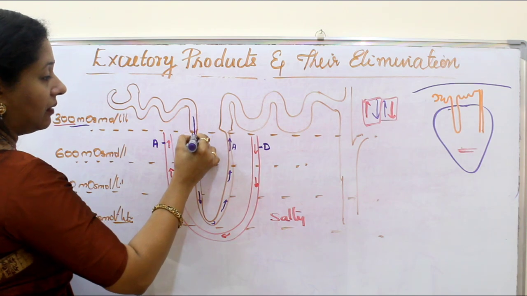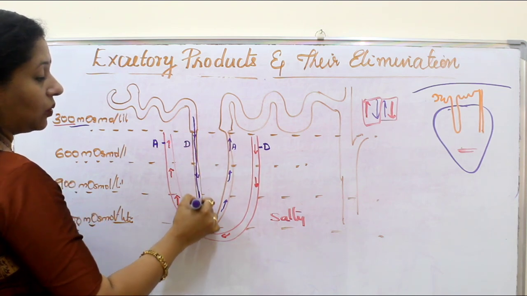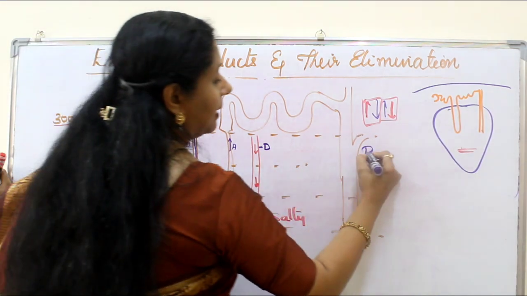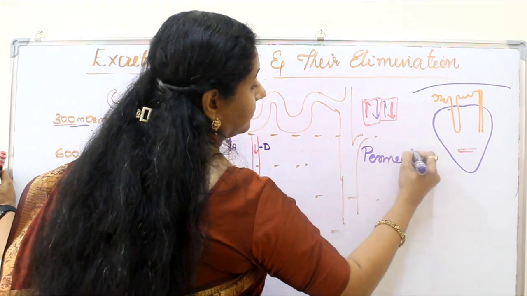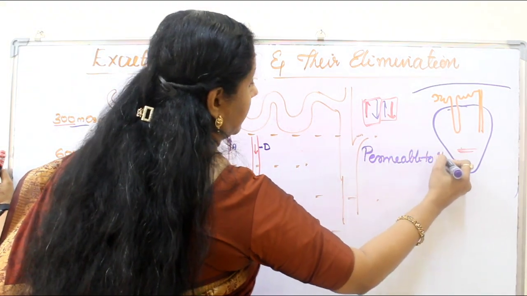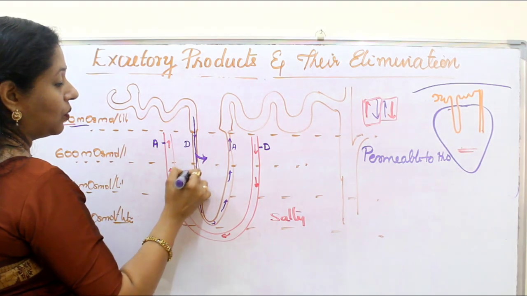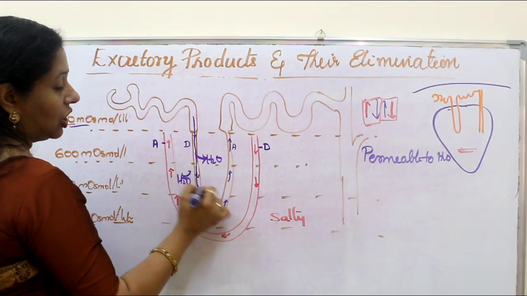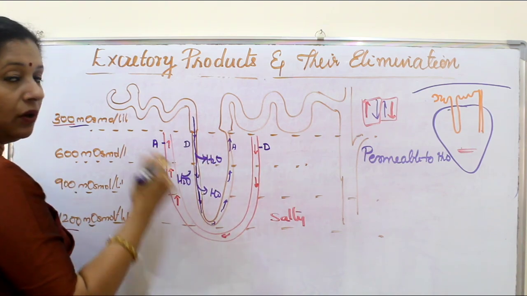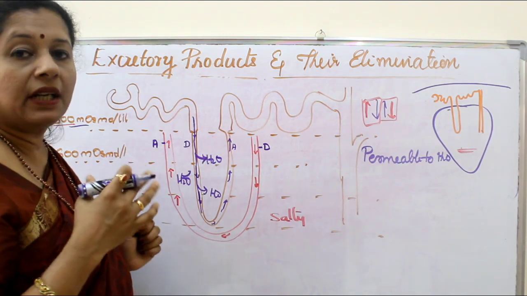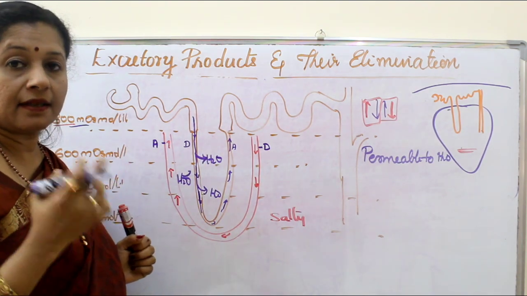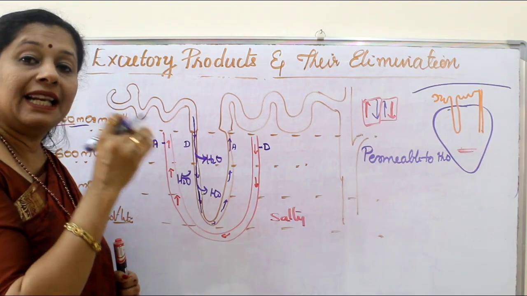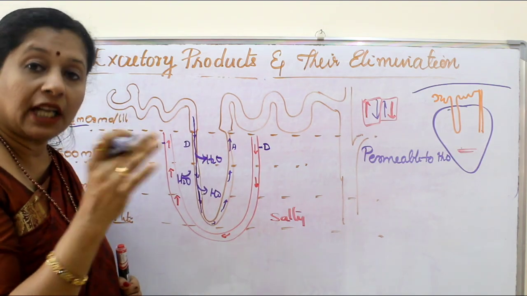But when it comes down through the descending limb, the descending limb is permeable to water. That means it will allow water to move out. So when water goes out from a tubule, naturally its concentration increases, because though it is allowing water to go out, the electrolytes or sodium ions are not allowed to move out.